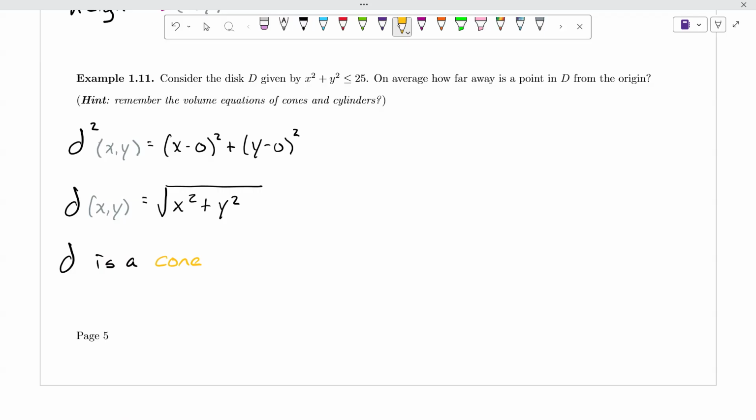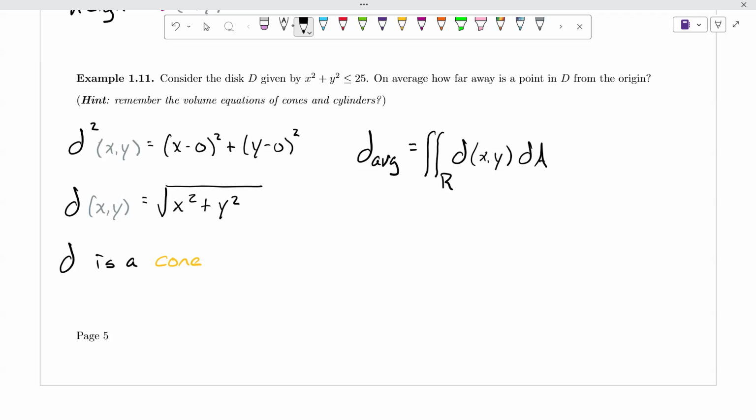So we're going to look for an average value over here. D average should be something. It'll be the double integral over the region R, since D is a point this time, so I'll go back to using R for region, of the distance formula of x and y, dA.